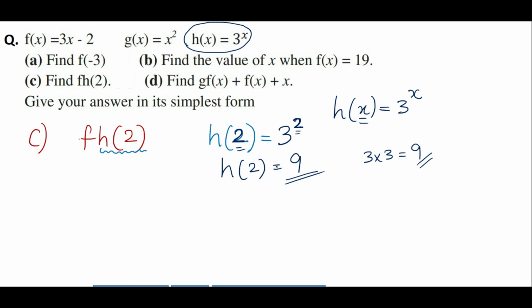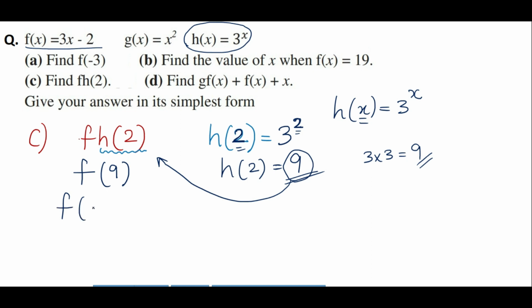Now your answer doesn't end there. Now you have found the value for h of 2. So you're going to put this 9 into the function f of x. So you're going to find f of 9 now. Again, back to the question, you have f of x is equal to 3x minus 2.